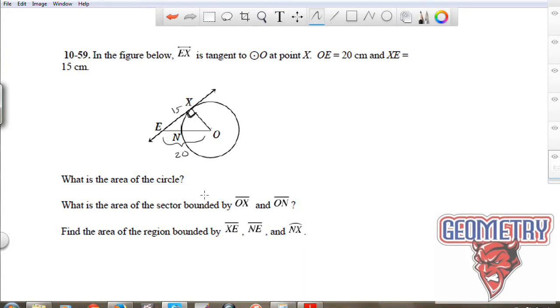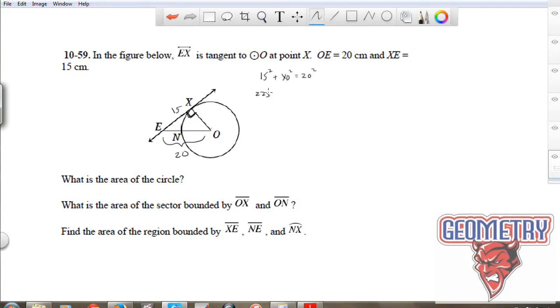To find the area of the circle, we're going to find the radius of the circle. The radius is XO, which is the third side of this right triangle, where EO is the hypotenuse. So we have 15 squared plus XO squared equals 20 squared.